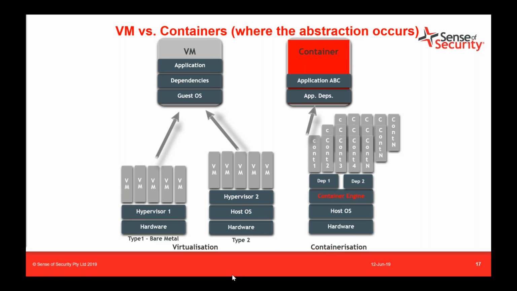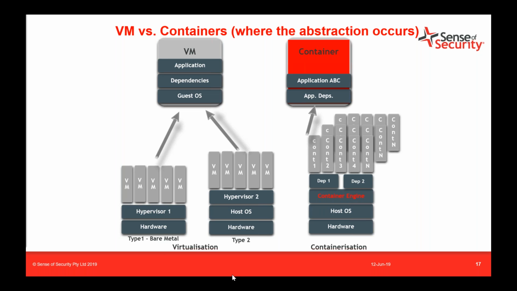Whereas in the right-hand side, the abstraction is occurring at the operating system layer. That means that each container is delivered a slice or a component of an operating system. So containerization abstraction occurs at the operating system layer, whereas in virtual machines, the abstraction occurs at the hardware layer delivered by a hypervisor.